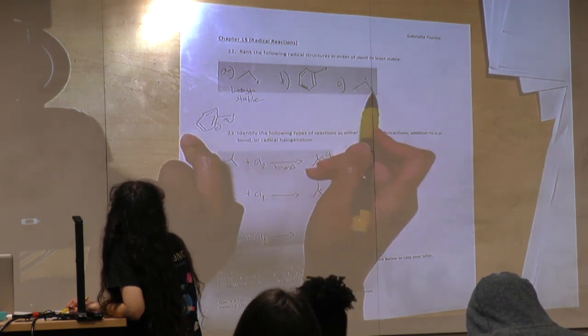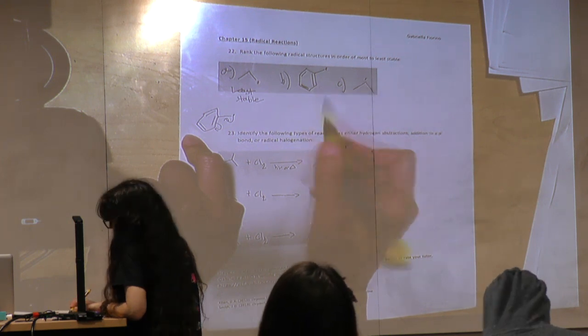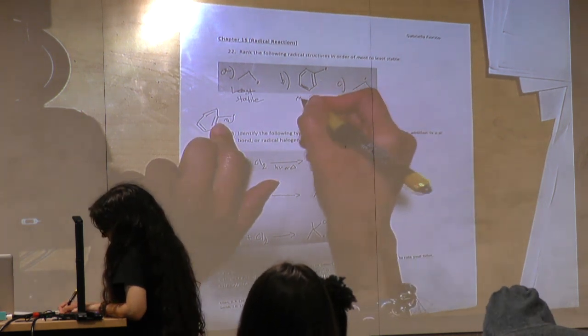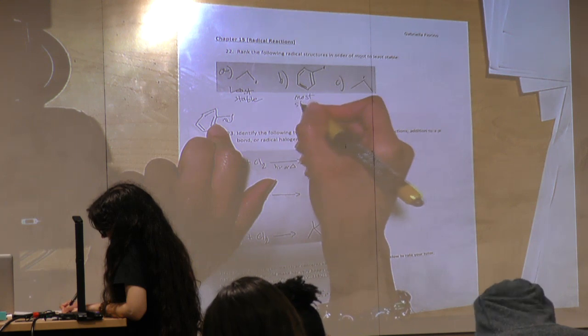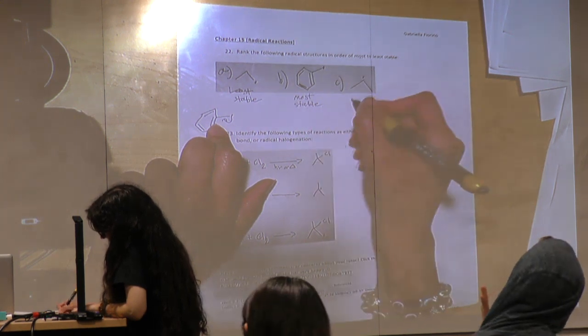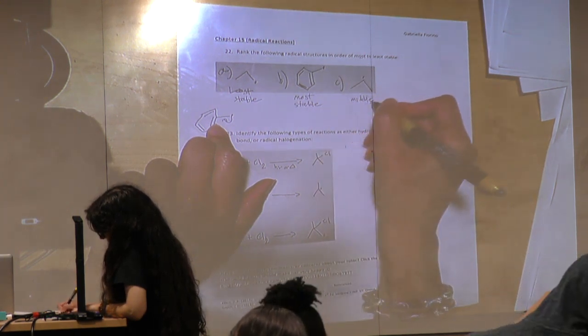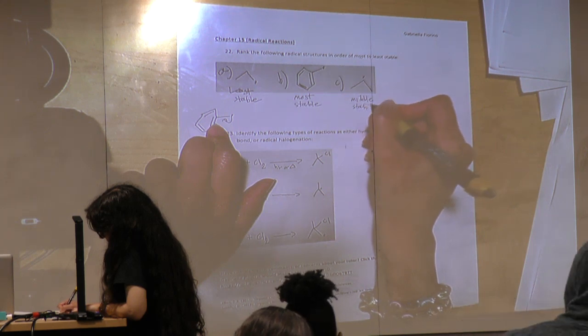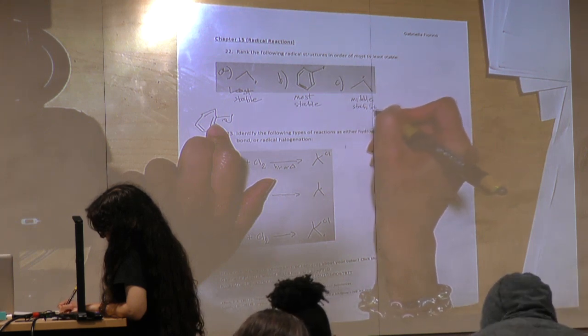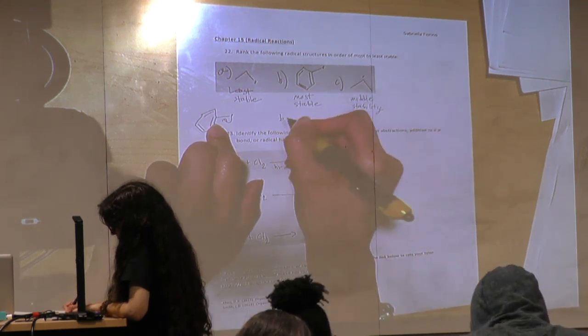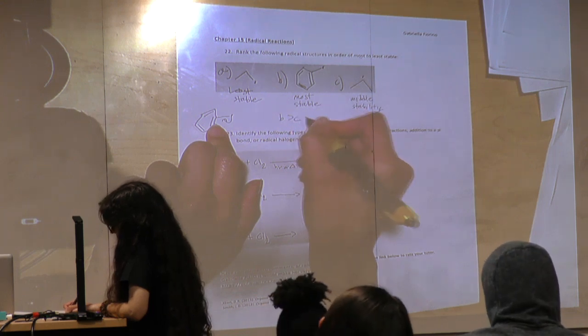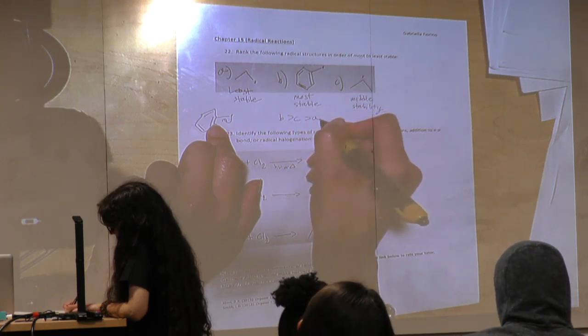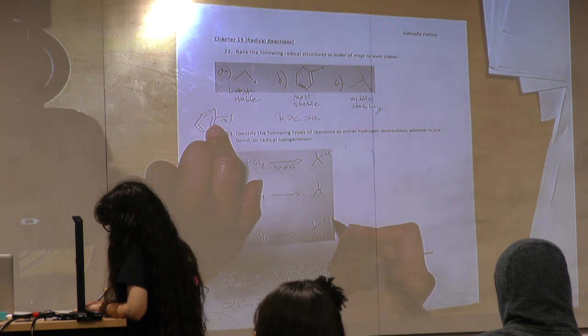Whereas with this, you only have one option. Did that make sense? So I'll just say this has middle stability. So this is going to be B is greater than C is greater than A.